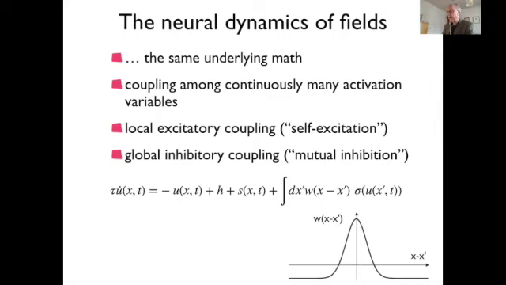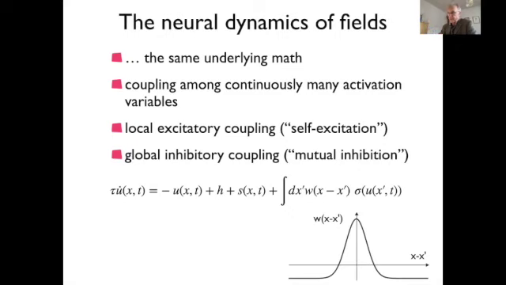Okay, I'll close by pointing essentially to the future. So what we'll see in the next couple of lectures is that with the same underlying mathematics, but just introducing continuously many neurons in fields, we can generate attractor states that realize both of these patterns.